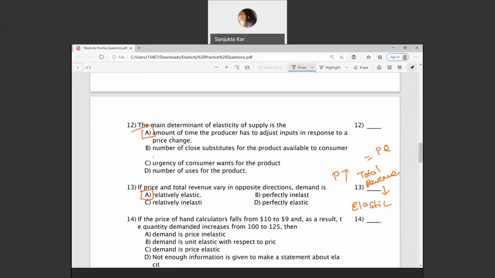Okay. Question number 14. If the price of hand calculators falls from 10 to 9, as a result the quantity demanded increases from 100 to 125. Then we have to find this out here.